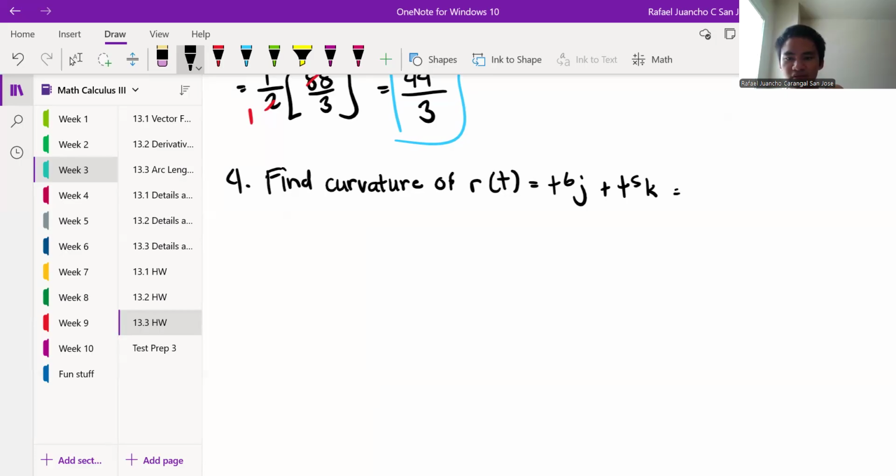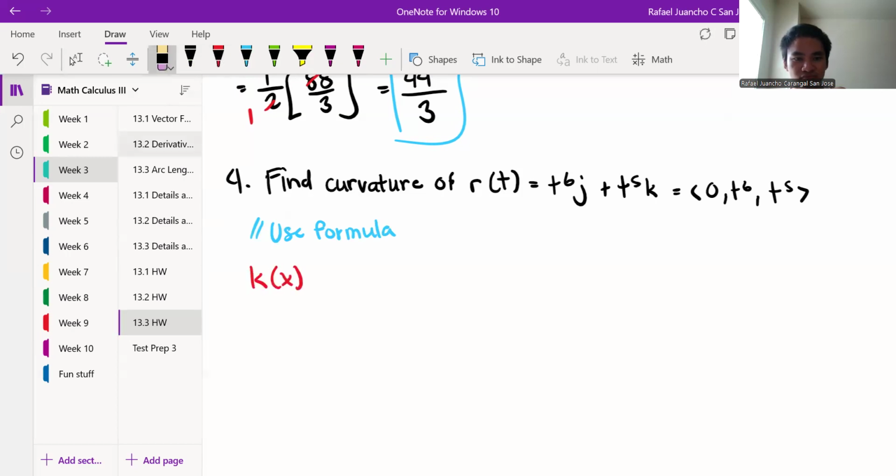And this is the same thing as 0, t to the 6, t to the 5. And the formula, which we previously defined, is for some curvature k. Note that this is a space curve that we're dealing with, so we're going to use this formula.